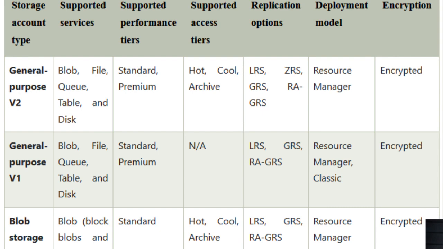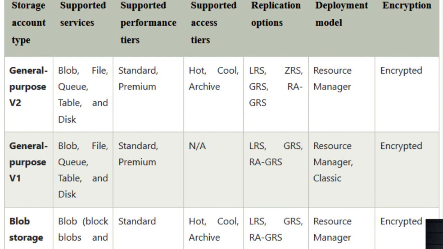LRS, Locally Redundant Storage. If we go with locally redundant storage, the data will be stored within the data center. If the data center or the region goes down, the data will be lost. ZRS, Zone Redundant Storage. The data will be replicated across data centers but within the region.